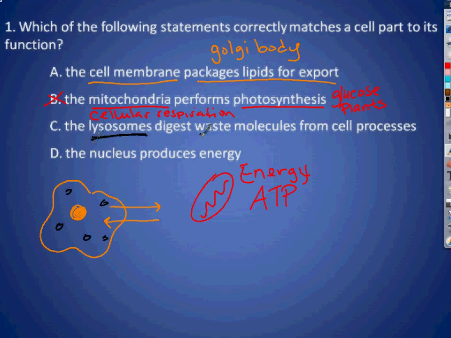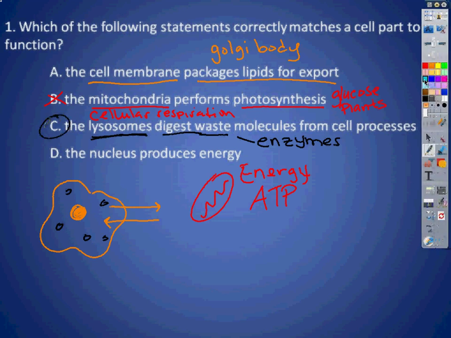Well, they picked up the trash. They got rid of the waste products. And so lysosomes are always about breaking things down. Another word that you think of when you hear lysosomes is enzymes. They speed up a reaction. They speed up the reaction of digesting the waste of the cell. And so C is the correct answer.